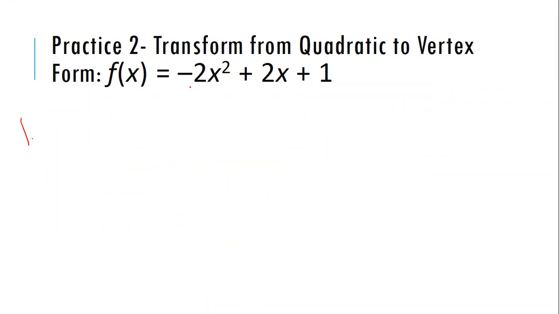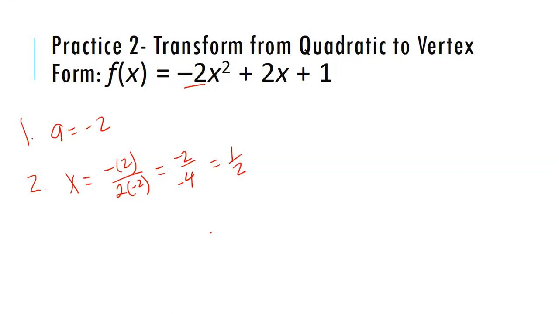On 1, my A was negative 2. Part B, x equals negative 2 divided by 2 times negative 2, which gives me negative 2 over 4 over negative 4, which equals positive 1/2.